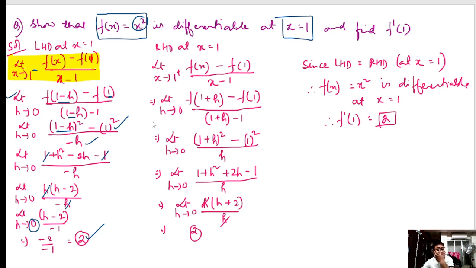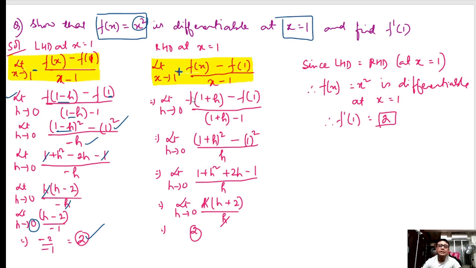So now let us see the function at the right hand derivative. This is how you write the right hand derivative. Clear? So in this case, we are checking at 1, that means I will check at limit x tends to 1 plus.